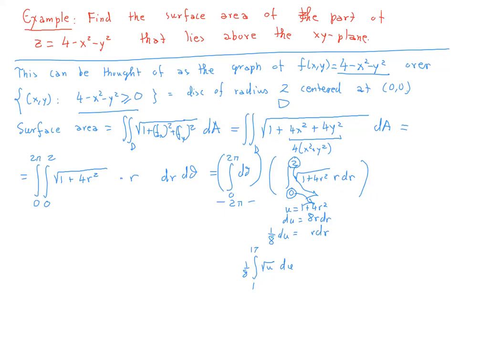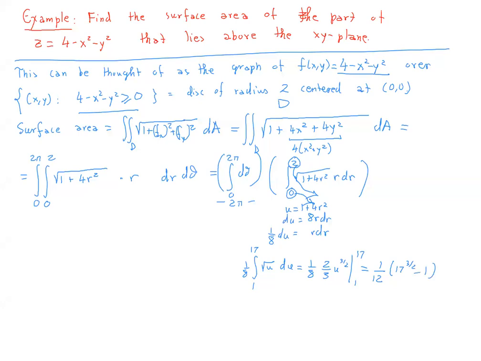And the antiderivative of square root of u, being u to the 1/2, is 2/3 u to the 3/2, and this has to go from 1 to 17. And we should not, of course, forget the 1/8 that we have here. And that will give us 1 over 12 of 17 to the 3/2 minus 1.